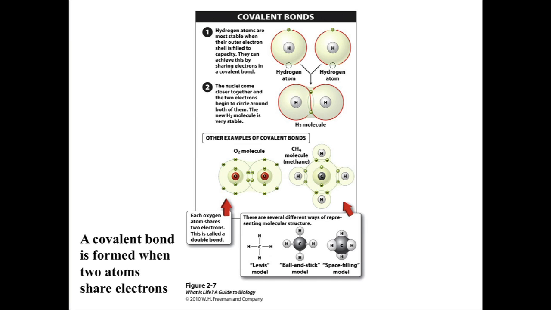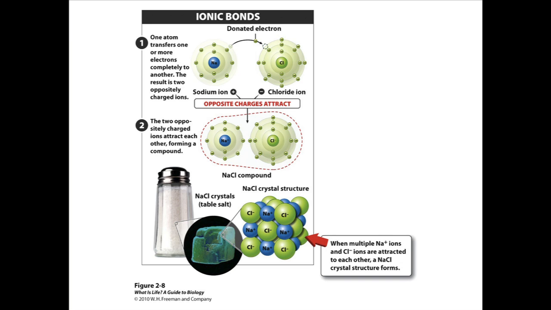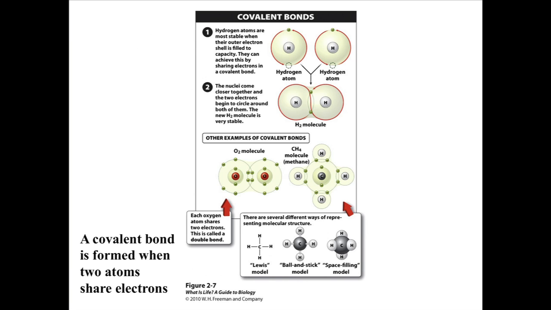Covalent bonds, on the other hand, are made when electrons are actually shared. And this is a more serious association in the sharing of electrons that make these covalent bonds. So we have ionic bonds that are associating ions when they're brought together. And we have covalent bonds that are made when electrons are shared.